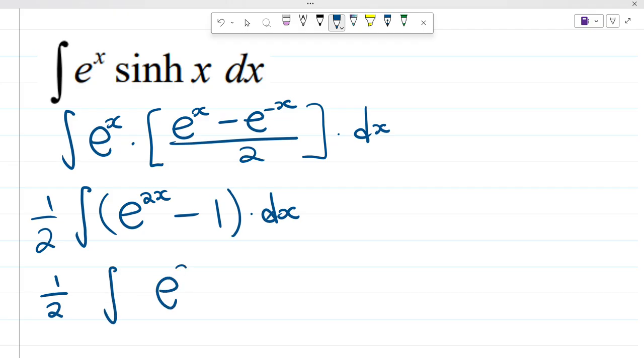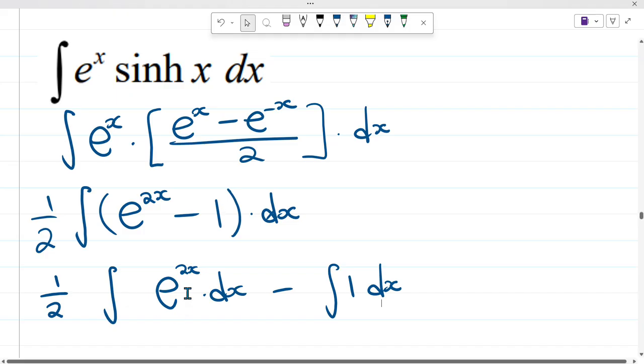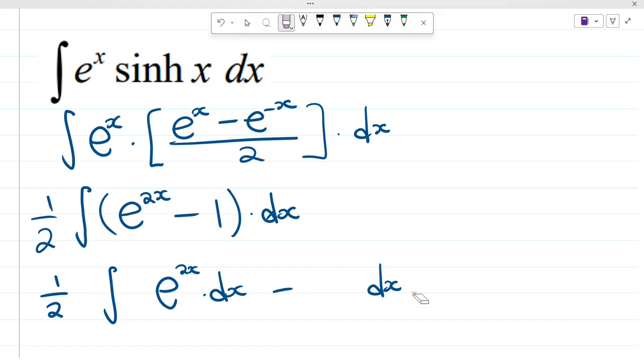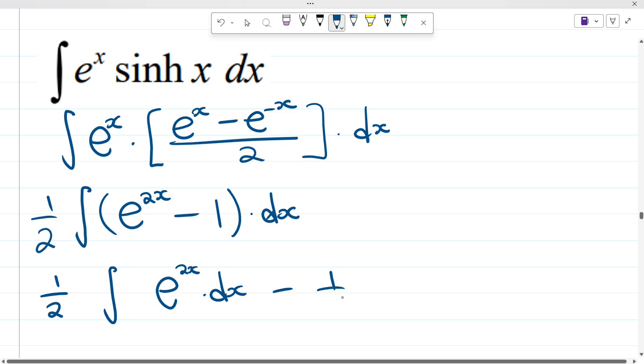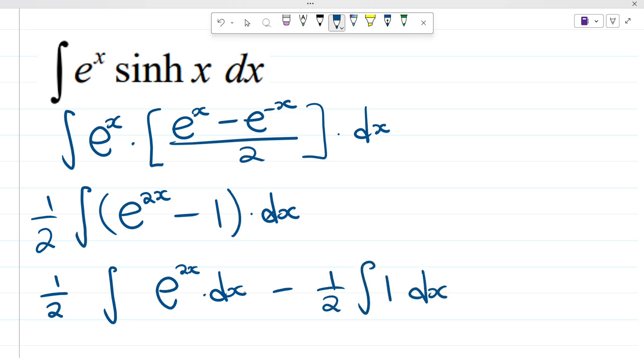So I'm going to make each and every term have its own integral sign, minus the integral of 1 dx. Oh, this one I forgot to give a 1 over 2, guys. So it's going to be 1 over 2 integral of 1 dx.